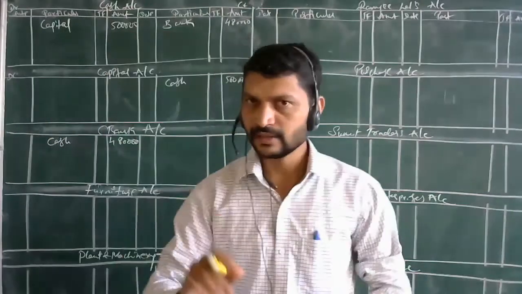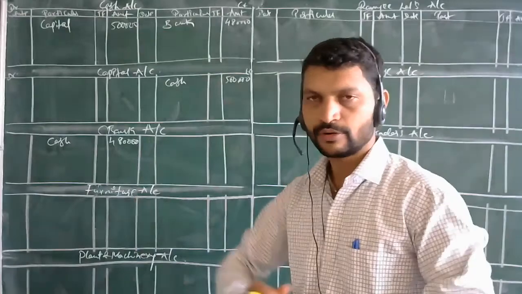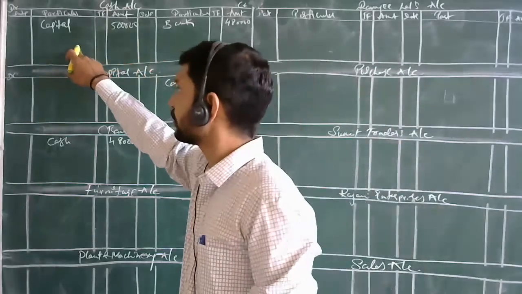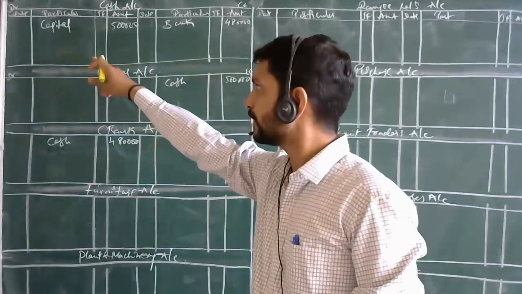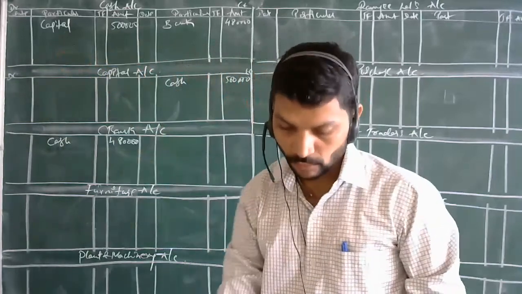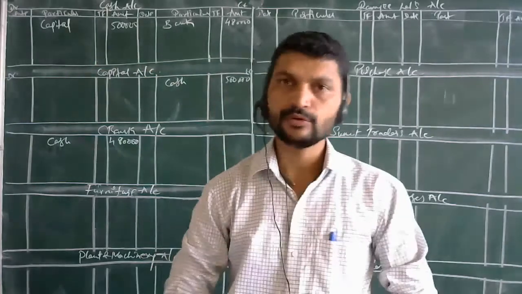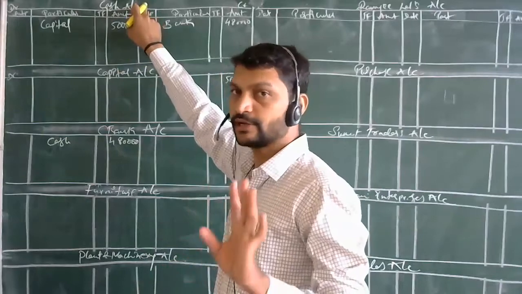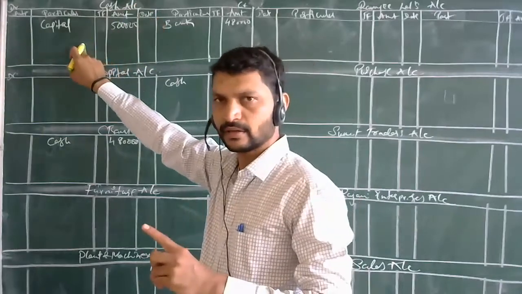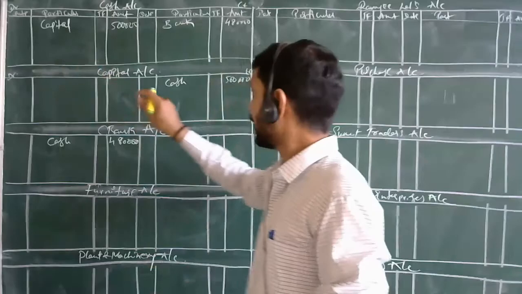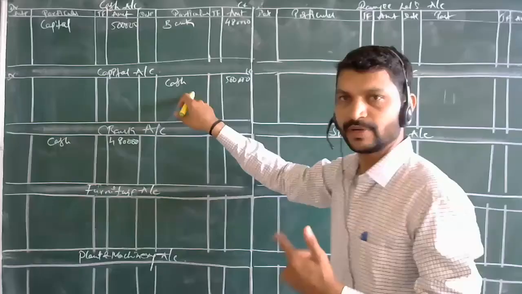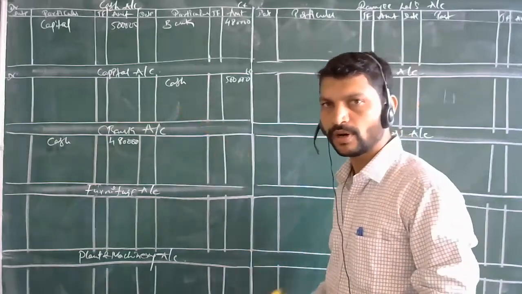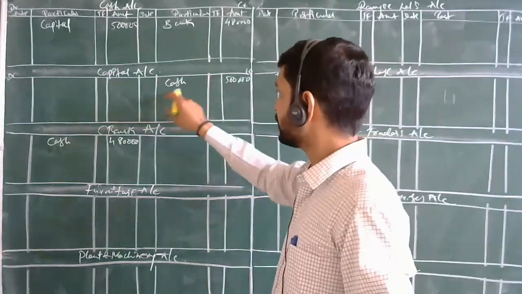See, what I told you in the theoretical part: whichever is debited, you have to find out its location. Debited means you take the debit side. The first entry, what we took over here, is cash account debit to capital account. Here cash account is separate, an individual account, and it is debited in the name of capital. Capital account is credited.